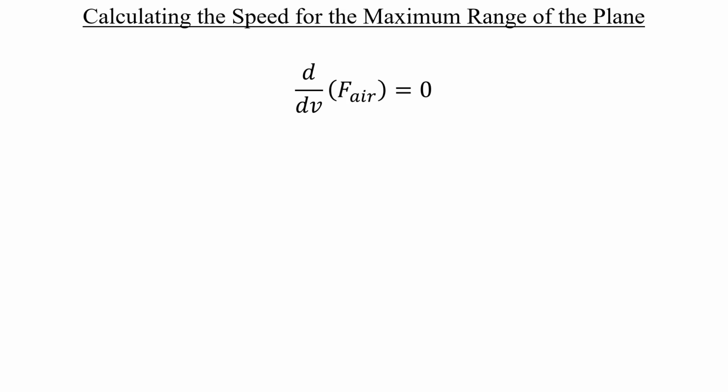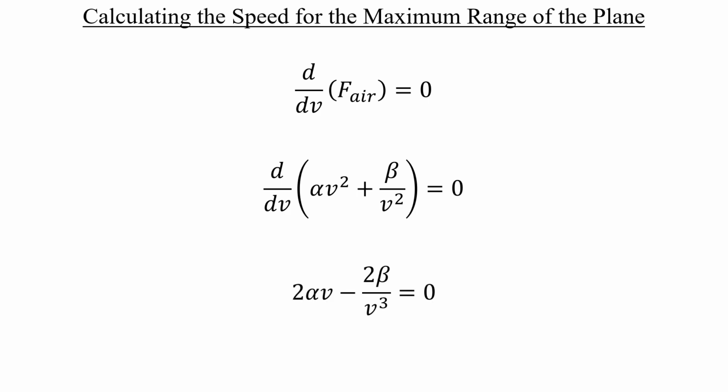Let's go ahead and plug that expression in. All we need is the derivative power rule to do this derivative, which gives us the following when applied correctly. Let's move the beta term over to the other side to make it positive, then divide both sides by 2, as well as alpha.